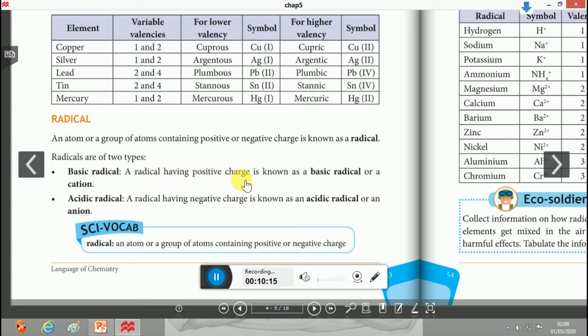The radical having a positive charge is known as a basic radical or a cation. It is written first when writing the formula of a compound. A radical with a negative charge is called an anion or acidic radical.